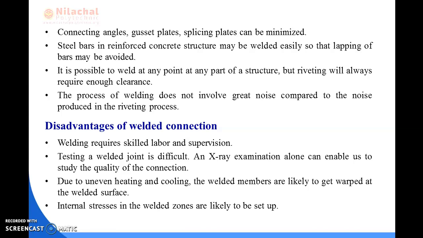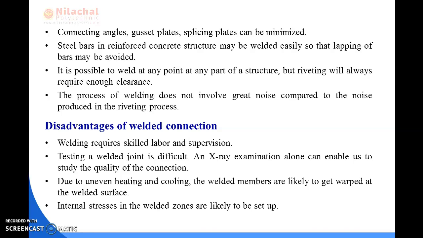The second one is that testing a welded joint is difficult. An X-ray examination alone can enable us to study the quality of the connection.